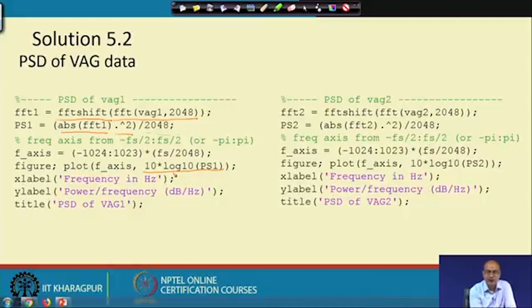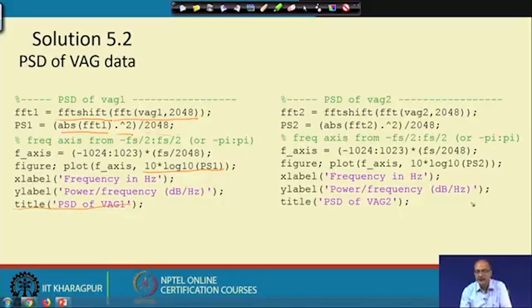So, we take logarithm to base 10 and multiply by 10, and then we label the x axis and y axis. Okay? And also we write the title. So, this is the way we get it for signal 1, VAG1.